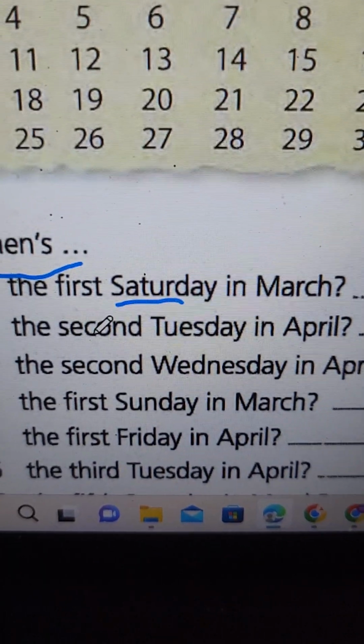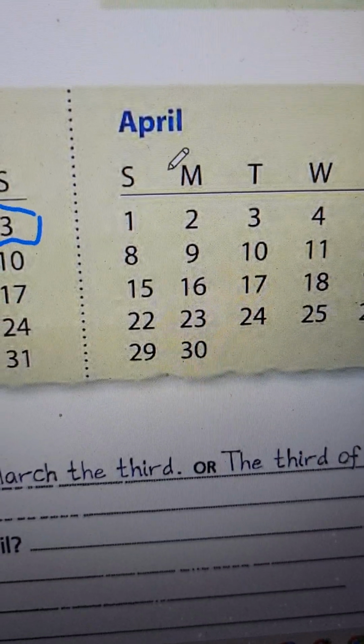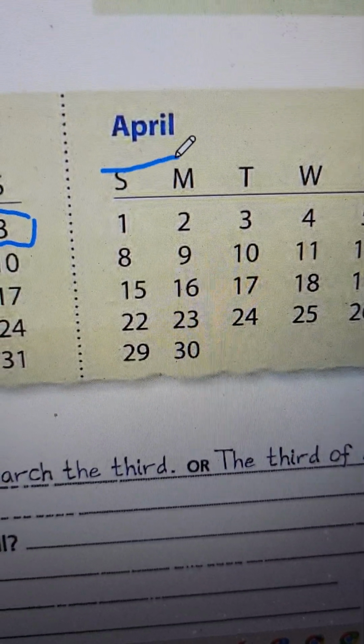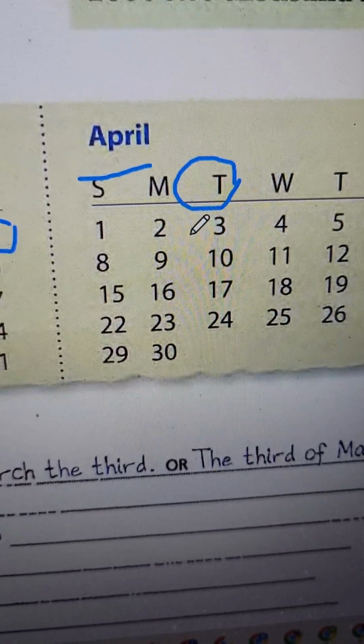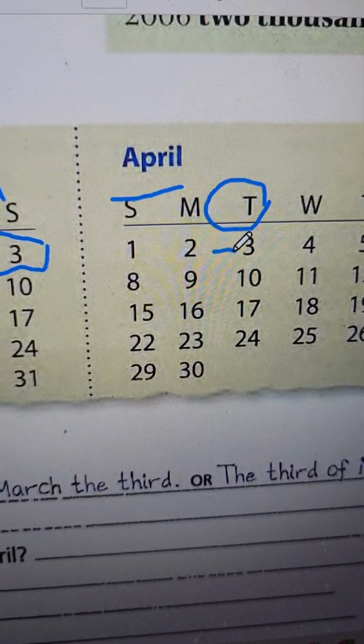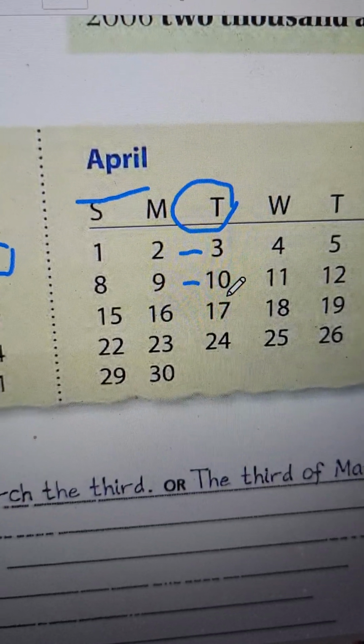Let's answer the second one. When is the second Tuesday in April? Second Tuesday in April. So this is April now. And this is Tuesday. First Tuesday is that one. Second Tuesday is that one. 10th.